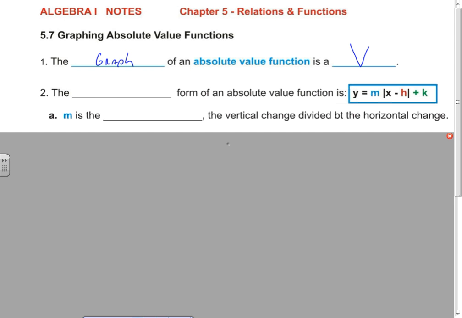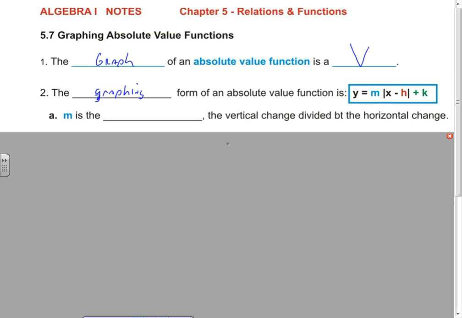So the graphing form of an absolute value function is in the blue box, and it's something you have to pay attention to. It makes life very easy when graphing an absolute value, and that's really what this lesson is about, using that form.